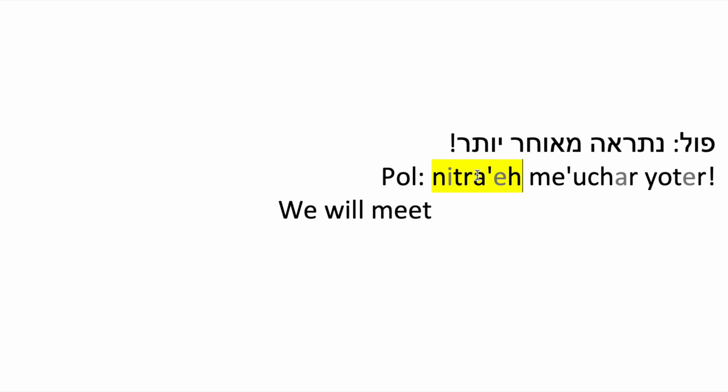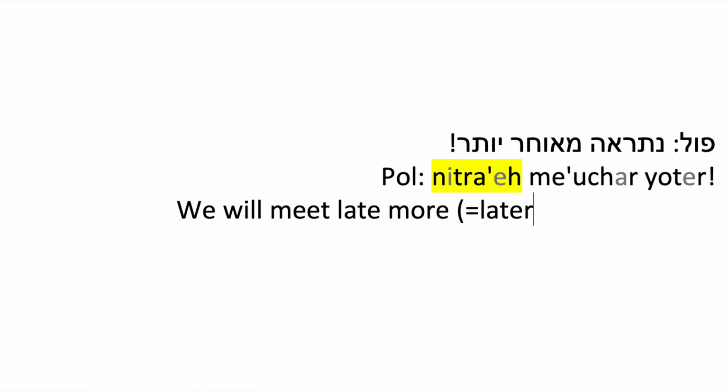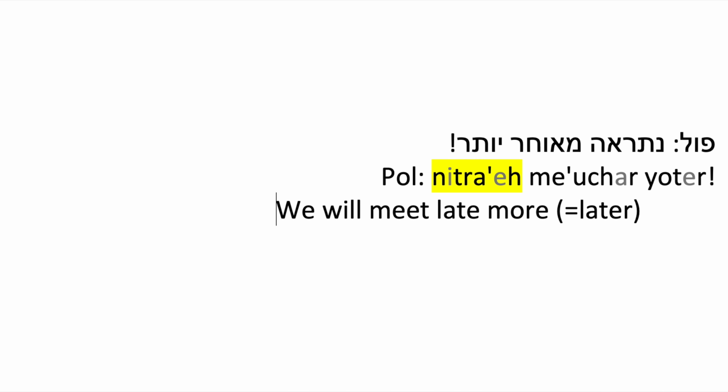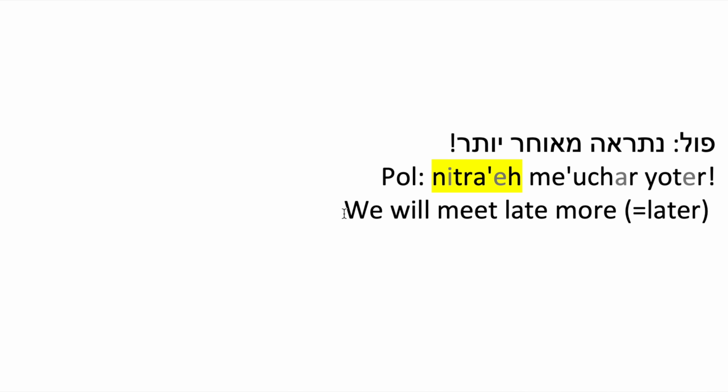So nitra'e means we will meet. Me'uchar means late, and yoter means more. And of course, late more means later. Okay, so we will meet is nitra'e, me'uchar, late, more, yoter. So we will meet later, or in English we would say see you later.